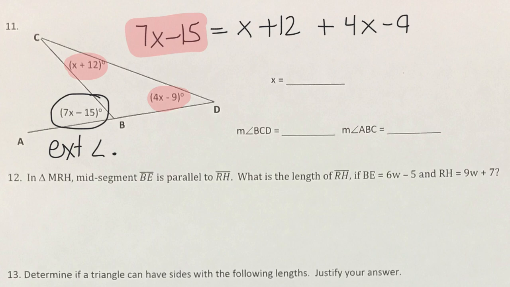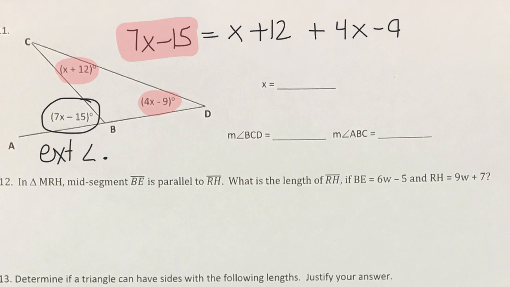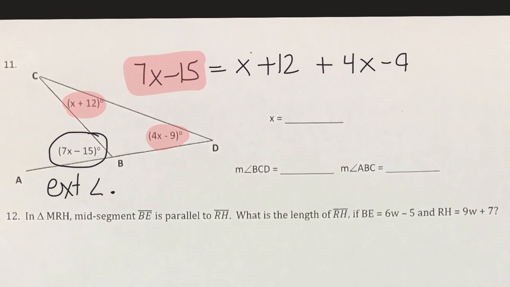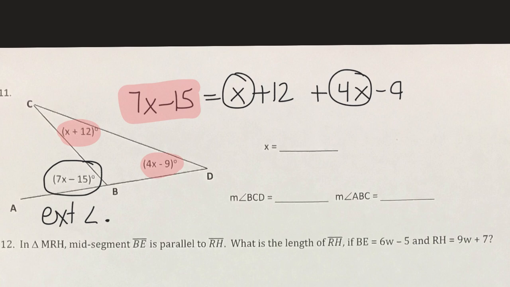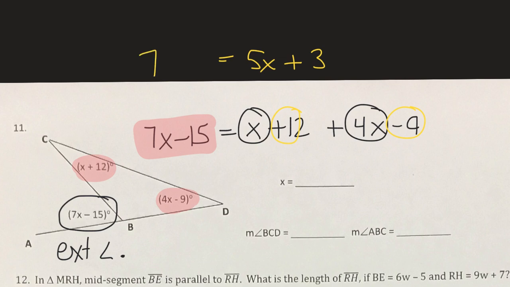Now we have some algebra that you're going to need to solve with all of your amazing algebra solving skills. We have some like terms: x and 4x, that's going to be 5x. And we have a plus 12 and a minus 9, which is a plus 3. So we combine our like terms in order to solve this for x.